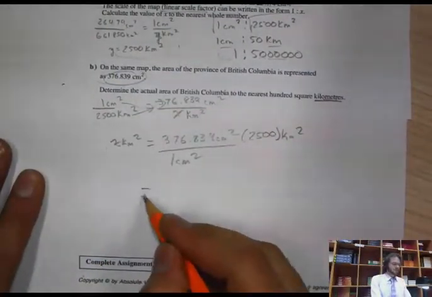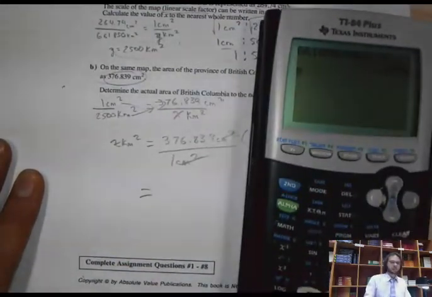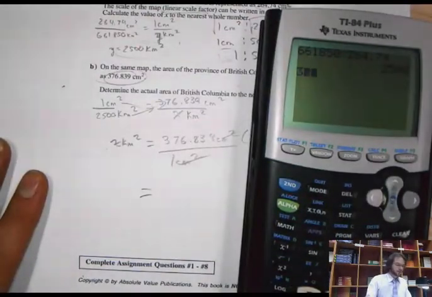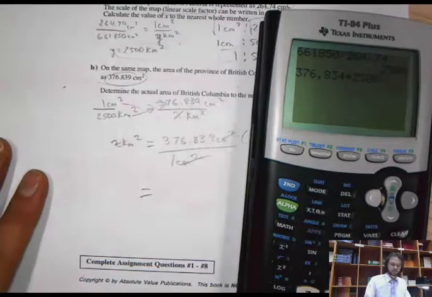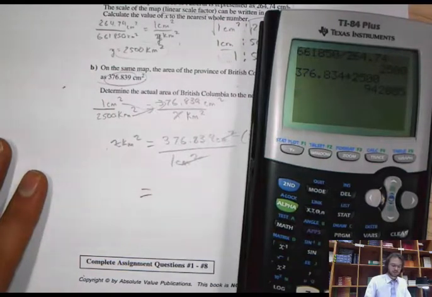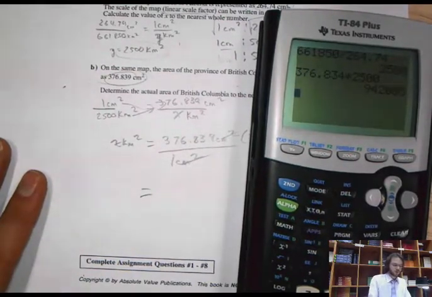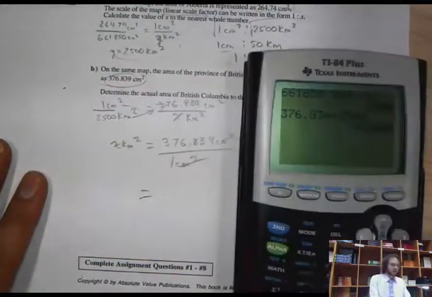Now, just multiply that out. So these centimeters squared cancel off. I'm going to get 376.839 multiplied by 2,500. Okay? And it wants it to the nearest 100 kilometers, so that won't matter too much.